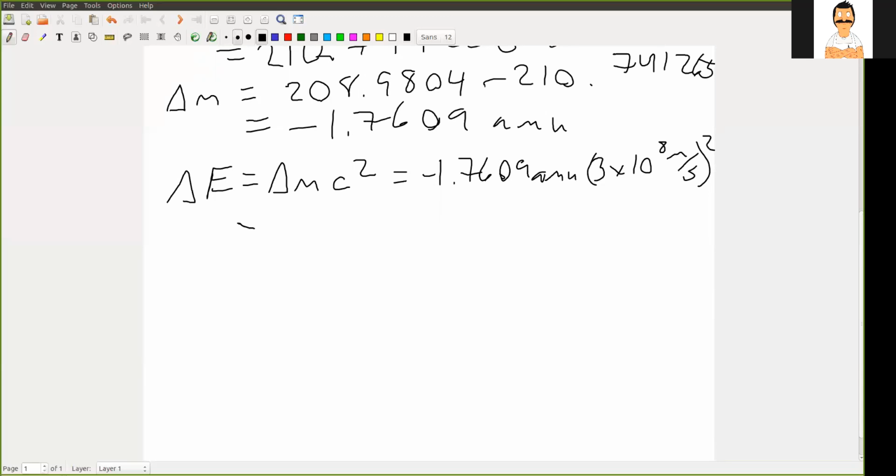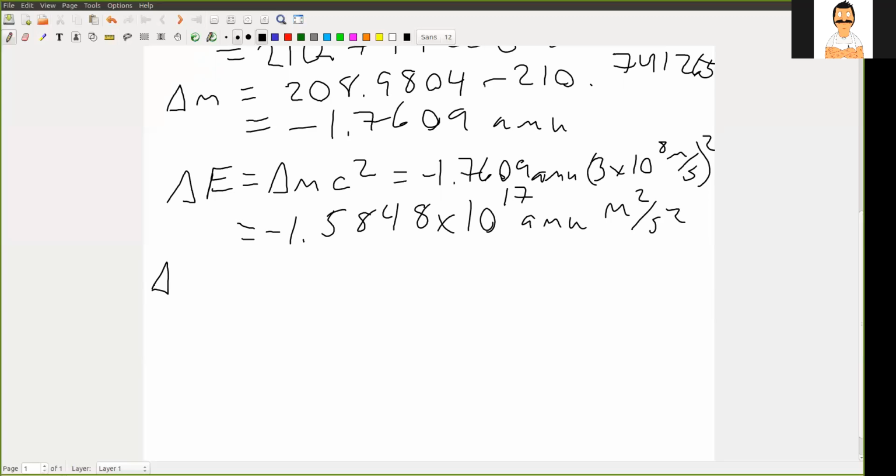So this is going to give us negative 1.5848 times 10 to the 17th power AMU meters squared per second squared. Now, we don't generally deal with AMUs, so what we'll do is a unit dimensional analysis.